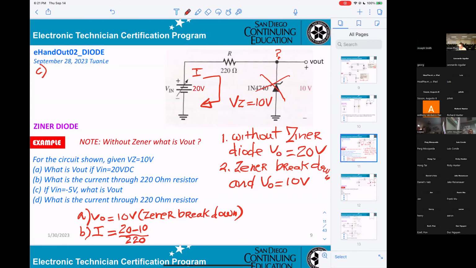So basically, if you get in here minus 5, and this will be the ground, that means you get minus 5 without the diode.